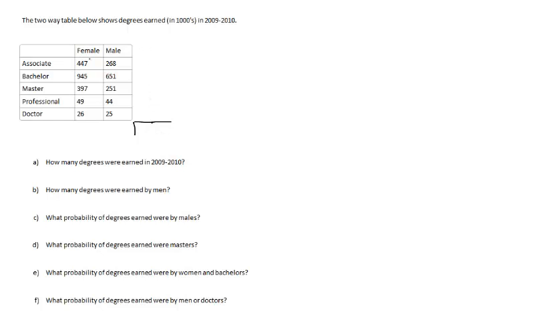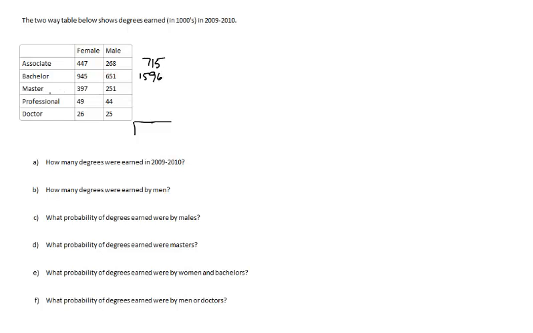So 447 plus 268 is equal to 715, and 715 represents the total number of associate degrees earned in 2009-2010. For bachelor's degrees, we have 945 plus 651, which is 1596.